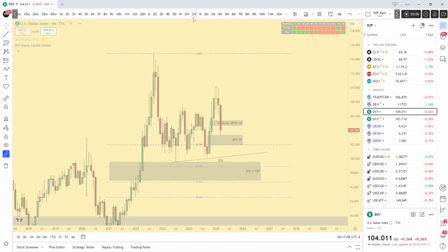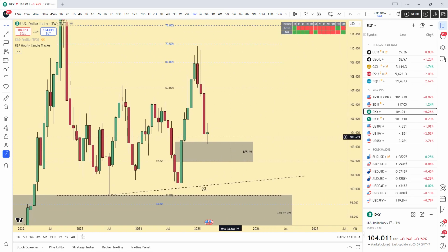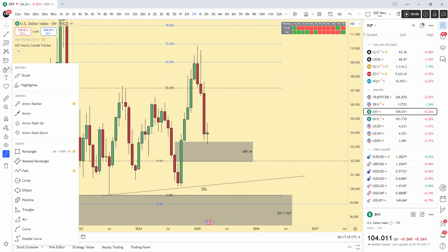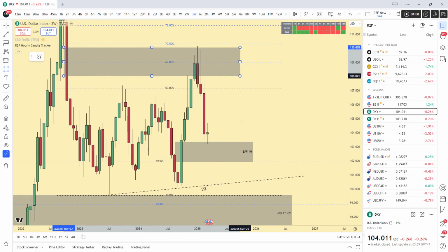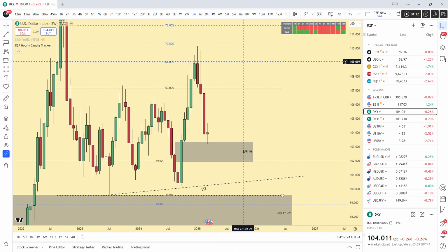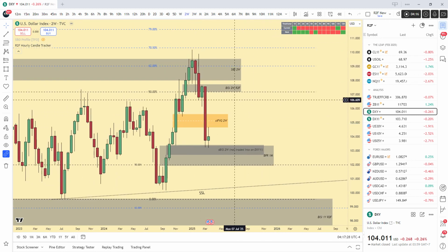Okay, so let's have a look at the lower time frames. Nothing under 3-week, nothing too interesting. You can see this 3-week gap here, and it's kind of respecting it quite nicely. 2-week, okay, all right.